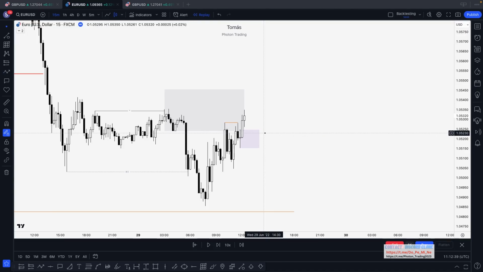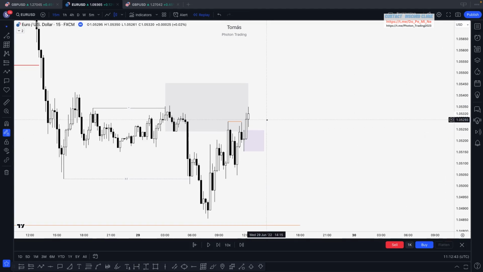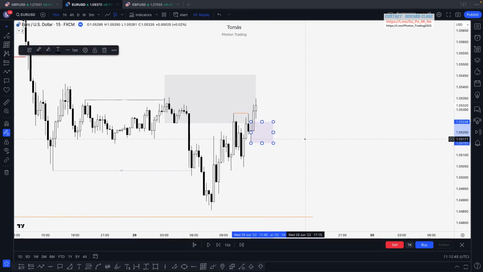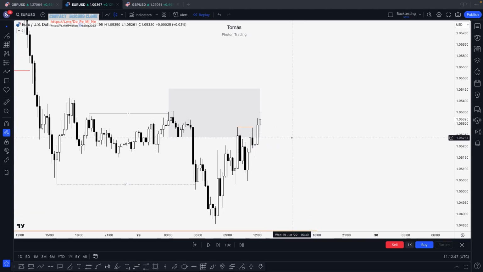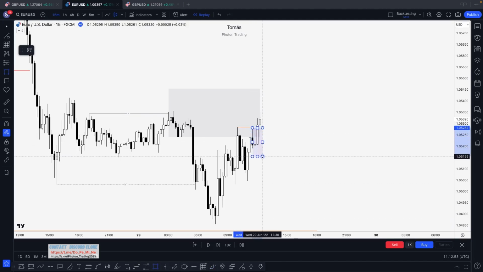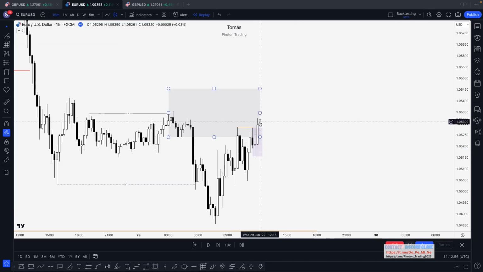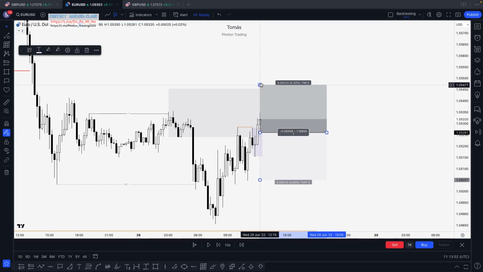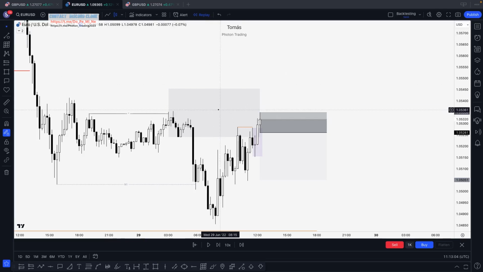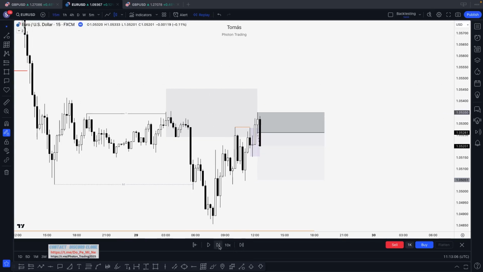There's nothing wrong with that. That's the PBL method. If you use the early entry method, which is the one that I use, we just delete the PBL. We don't use the PBL, and even if you imagine that the PBL for you is this one, and for some reason price mitigates the PBL and continues moving up, we can still look to get involved while price is inside the POI in the first place.